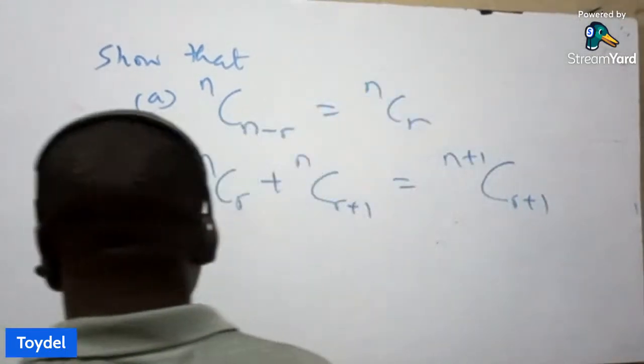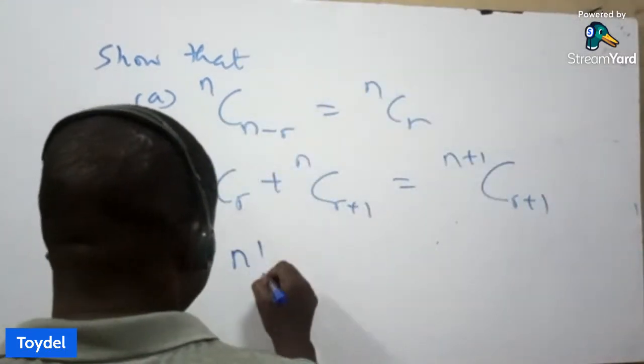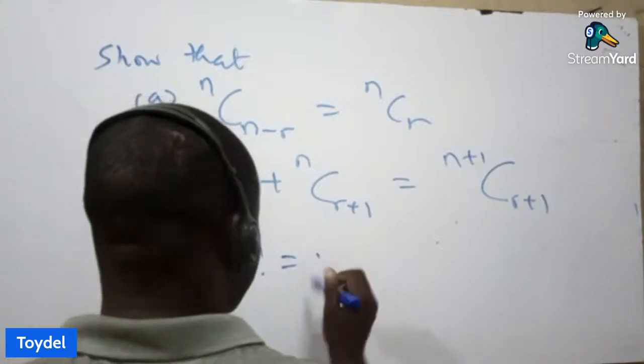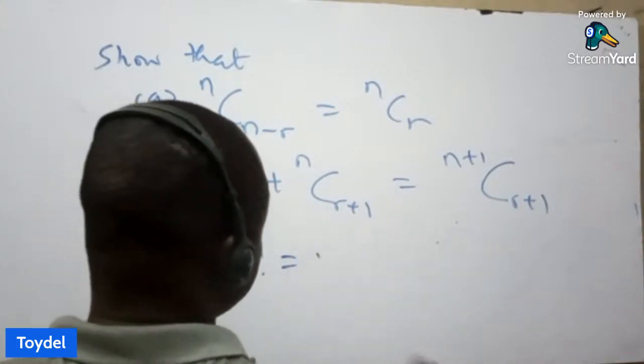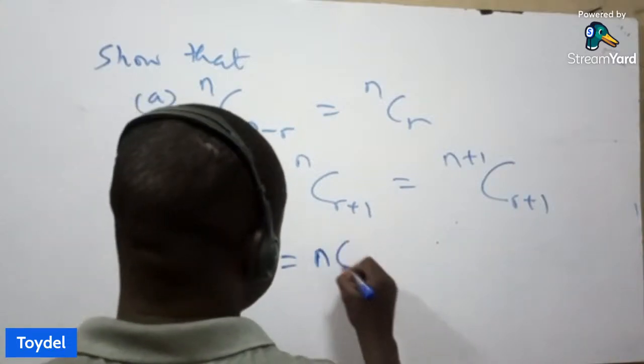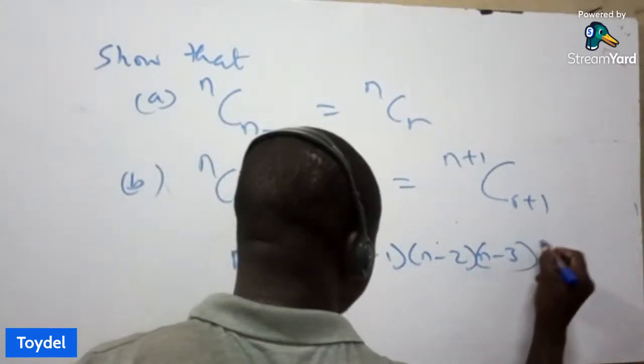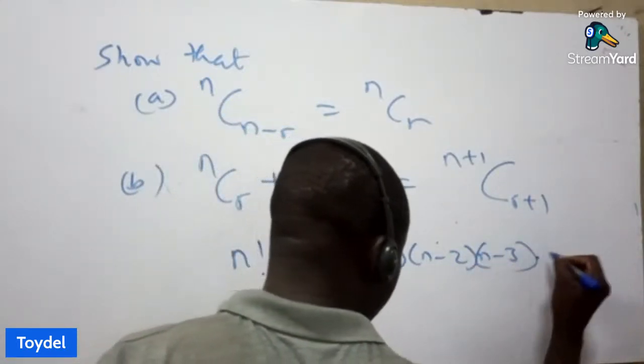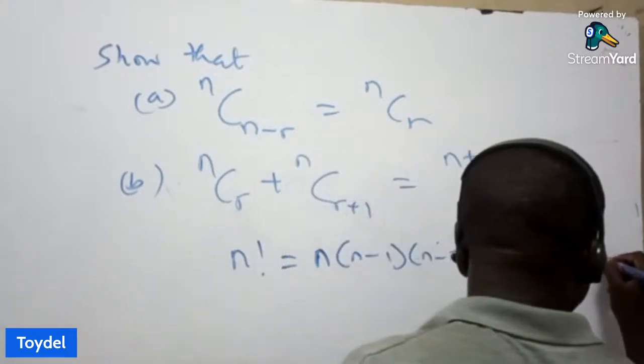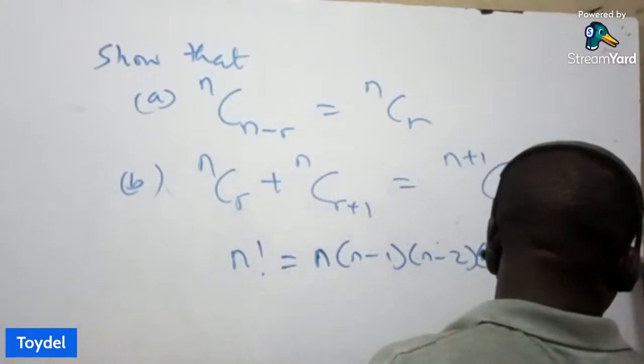And n factorial simply means n times n minus 1, n minus 2, n minus 3, and you continue until you get to 1.